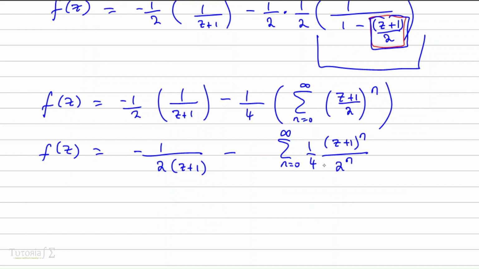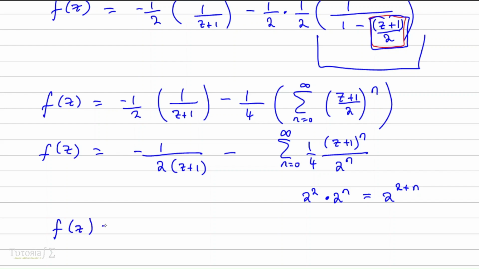Okay, and we can further simplify this because we know that 4 is just 2 to the power 2. So 2 to the power 2 times 2 to the power n, the powers will add, will give us 2 to the power 2 plus n, something like that. Okay, so the idea is to simplify as much as possible.